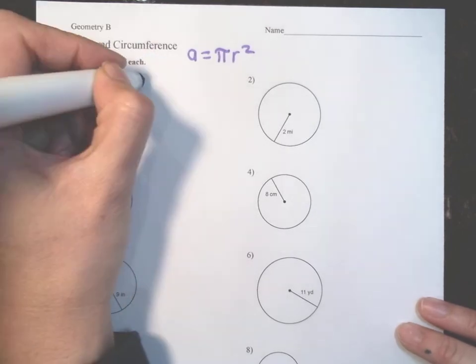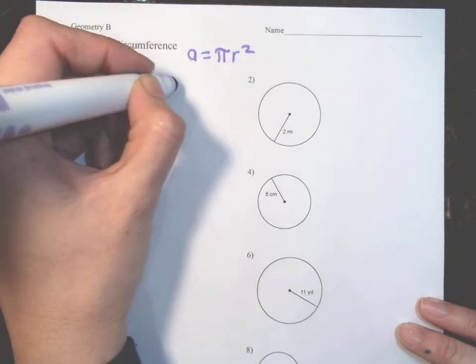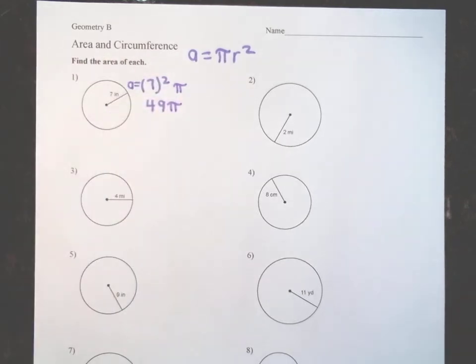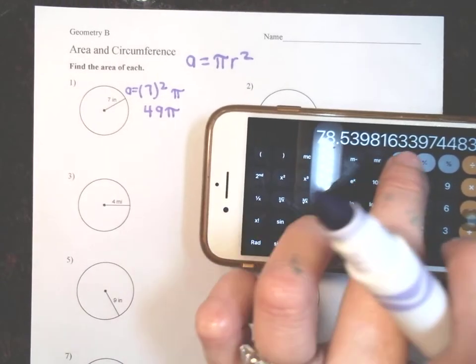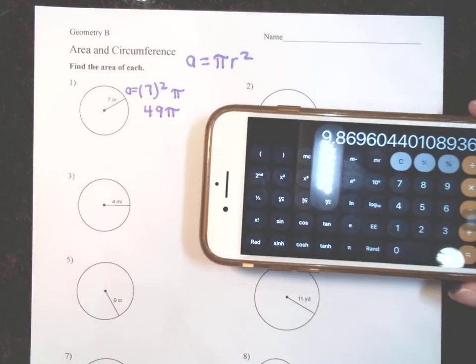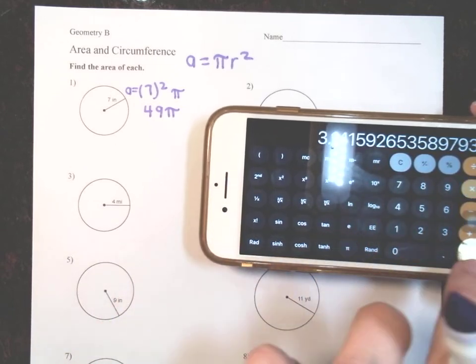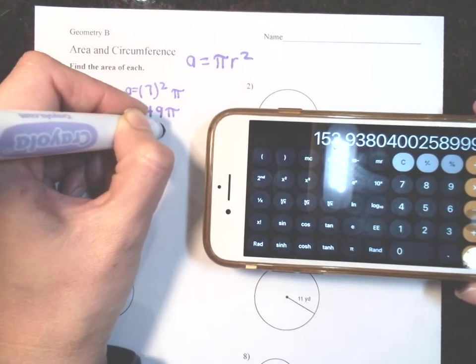So r squared, that means it's A equals 7 squared times pi, so that's 49 pi. And then we take out our calculator, and we'll clear it and we'll multiply 49 times pi, which is 153.9.